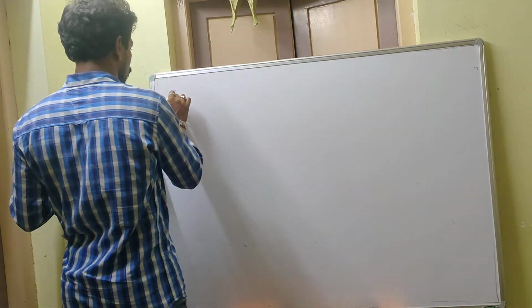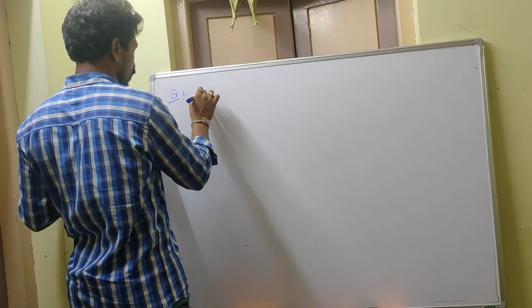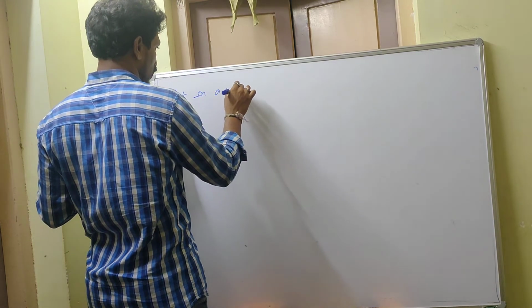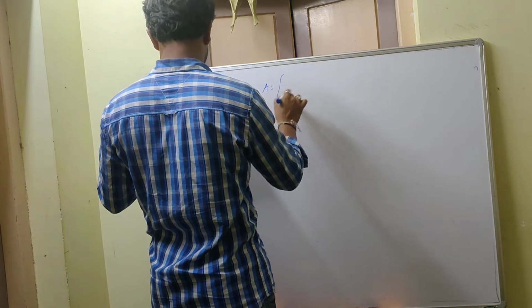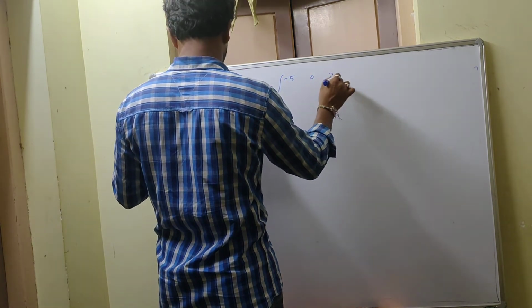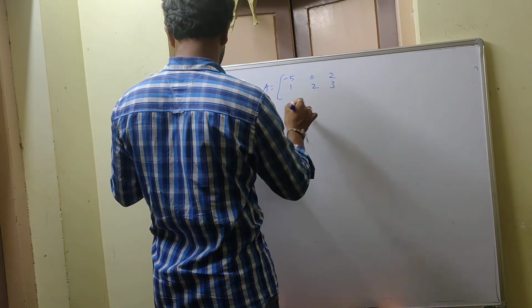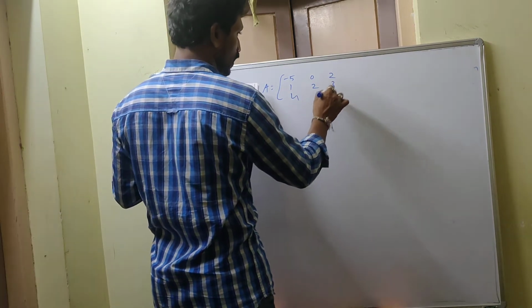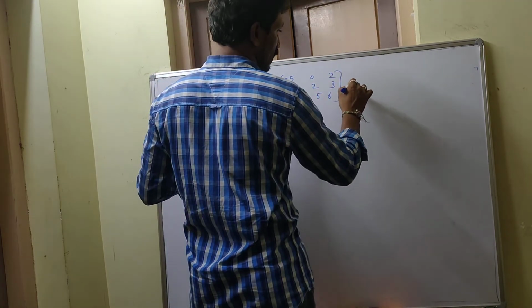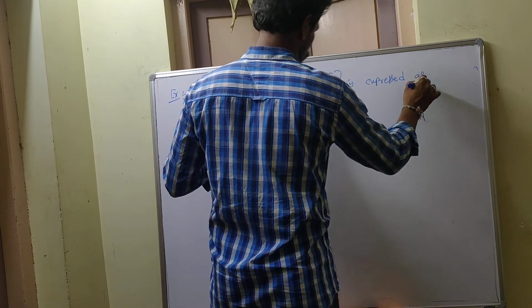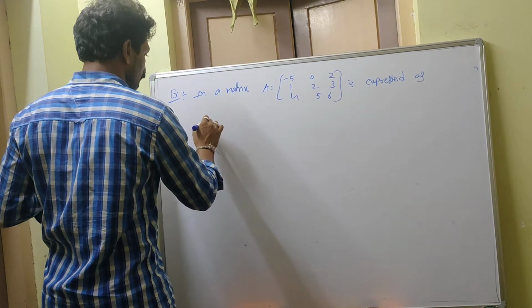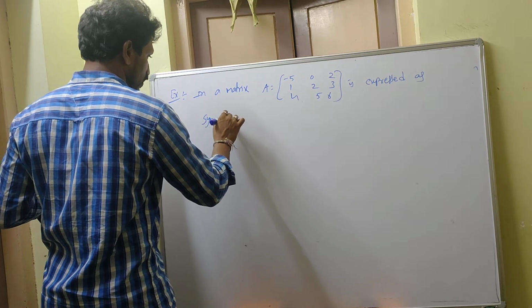A matrix A is equal to minus 5, 0, 2, 1, 2, 3, 4, 5, 6, is expressed as a sum of symmetric and skew symmetric.